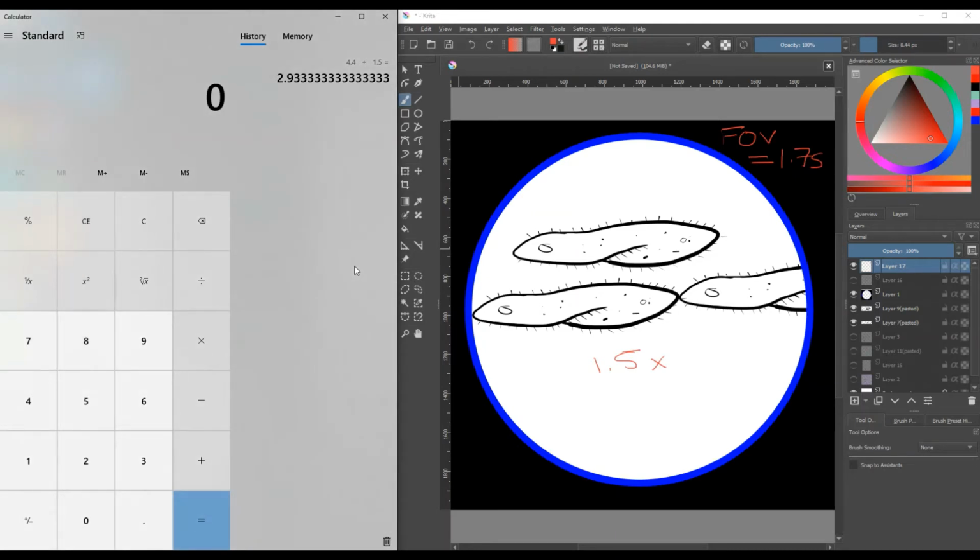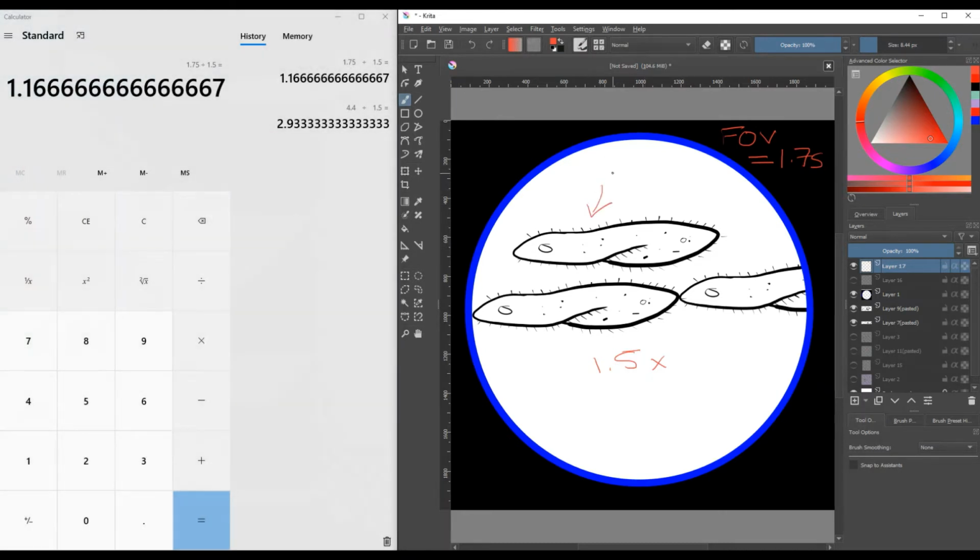So you divide the size of the field of view, 1.75 millimeters, by 1.5, the number of times the cell can fit across. In which case, if we were looking at this image through a 10 times objective lens, the cell would be 1.17 millimeters. Remember to round, because I didn't.